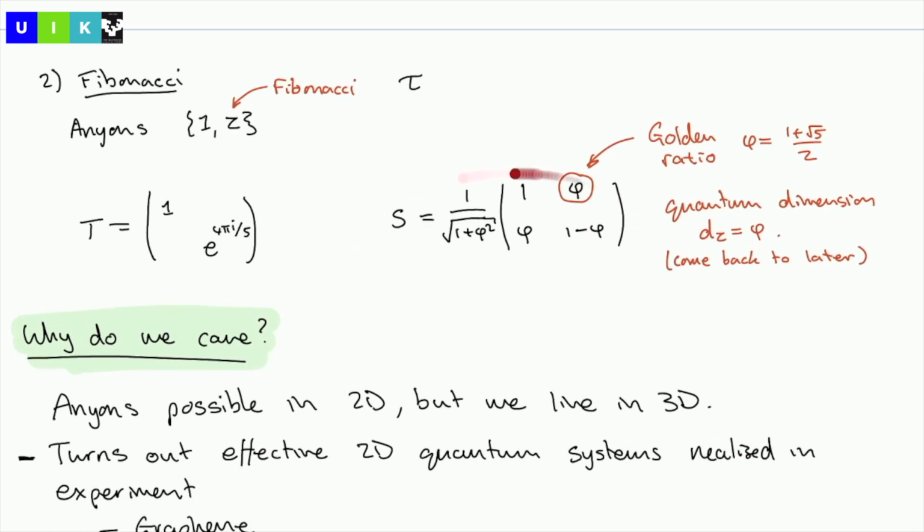And then we also have the S matrix, which is as follows. We have now the golden ratio showing up here, where phi is the golden ratio. I'll delve a bit deeper into why this golden ratio comes up, but with the name Fibonacci, maybe it's not so surprising that this crops up.